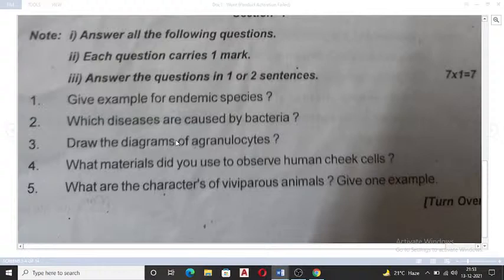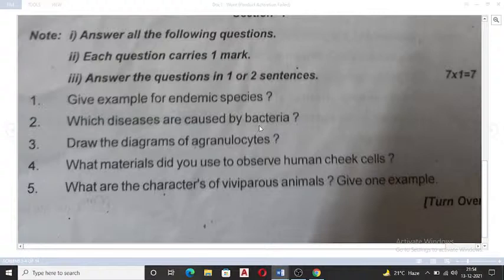Then your next question you can see here: which diseases are caused by bacteria. You have to name some bacterial diseases. So 1 or 2 sentences are very important. You can write diseases that are caused by bacteria are called bacterial diseases. Some of the bacterial diseases are tuberculosis, that is TB, whooping cough, tetanus, cholera, diphtheria.